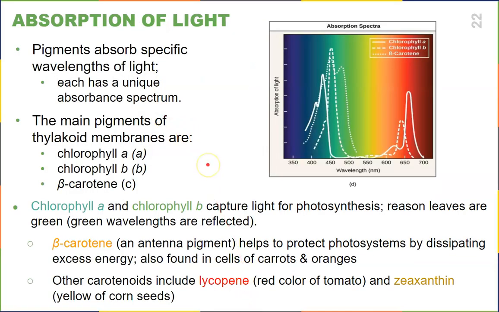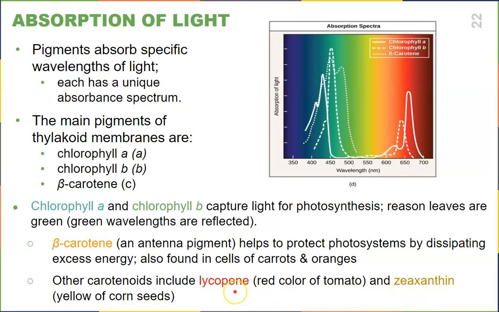So these are just some pigments of plants. The most common ones are chlorophyll A and B and beta carotene. Beta carotene is usually orange. Chlorophyll A is usually a blue-green color, and chlorophyll B is more of a true green color. There are some other pigments like lycopene and zeaxanthin, which is yellow.